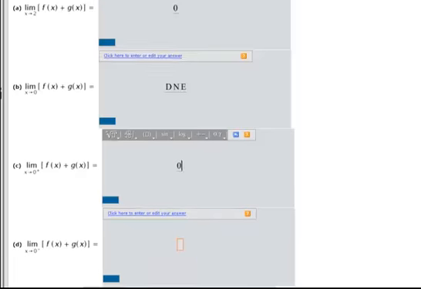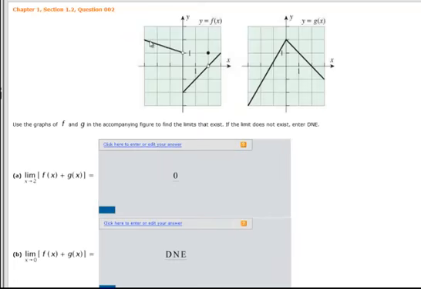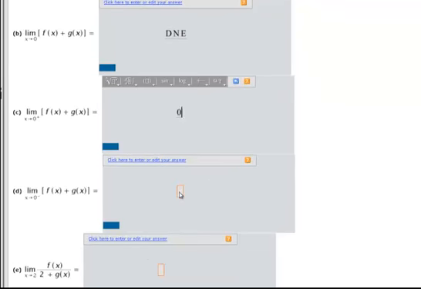Now let's go down to the next one here. The sum as x approaches 0 from the negative. From the negative here, it looks as though the limit is approaching 1 as we approach 0, and here it's approaching 2. So we have 2 plus 1, so that should be 3.